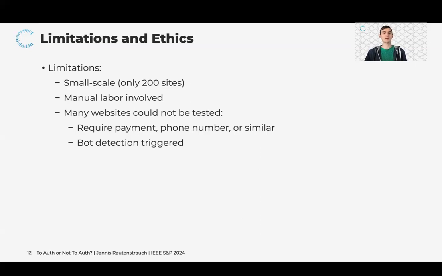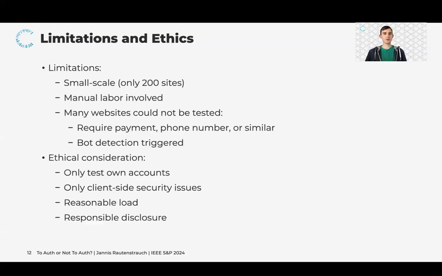Also, on some websites, we triggered a bot detection, even though our crawlers tried to avoid it by setting certain settings. For the ethical considerations, we only tested our own accounts and we only tested client-side security issues to make sure that we are not affecting any real users of these websites.